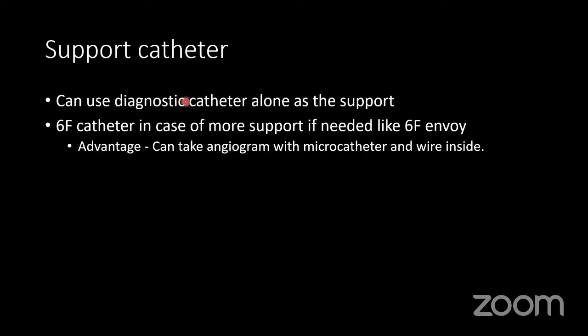As the support catheter, most of the time the 5 French diagnostic catheter will be used, but a 6 French catheter can be used if the anatomy is a little confusing, because the advantage is that we can take an angiogram and road map with the microcatheter and the wire inside, so that we have more space and we will get a good angiogram.